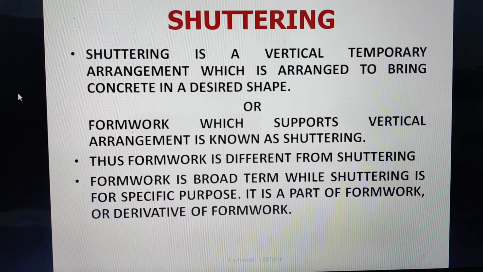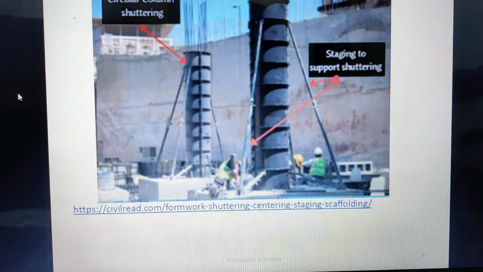So, shuttering is part of formwork. Thus, formwork is different from shuttering. Formwork is a broad term, while shuttering is for a specific purpose. It is a part of formwork, as I told, or we can say that it is a derivative of formwork.